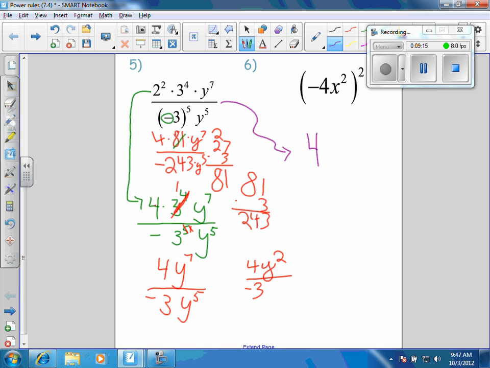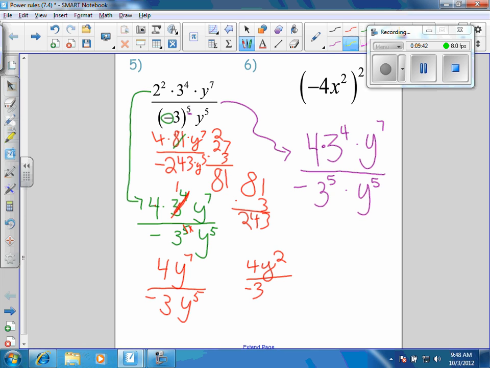So when you're down here, if you can get this simplified a little bit, the 4, we figured out because there's no 2's in the denominator, but since we have 3's in both the numerator and the denominator, make that 4 times 3 to the 4th times y to the 7th. And then, like Sandra was saying, since this is an odd power, in the end we're going to get a negative value. So just put the negative outside and say 3 to the 5th times y to the 5th.